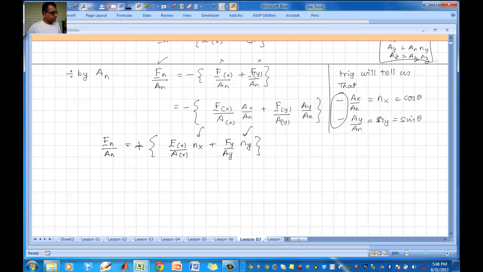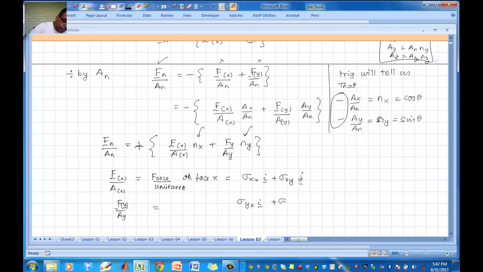You with me? So now this is all very nice, but we know what Fx over Ax is, right? We did that before. This turns out to be force per unit area on face x, which is equal to sigma xx i plus sigma xy j. It's very nice. Similarly, Fy over Ay will turn out to be sigma yx i plus sigma yy j. Oh, very nice.